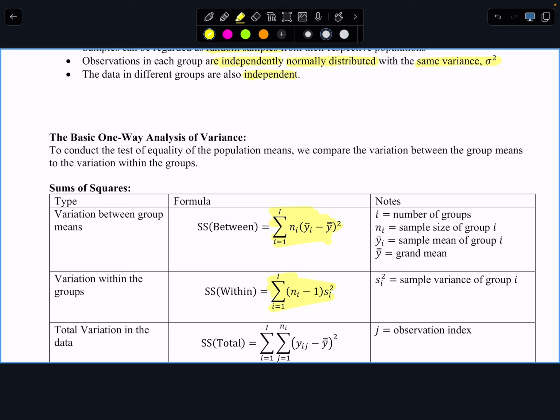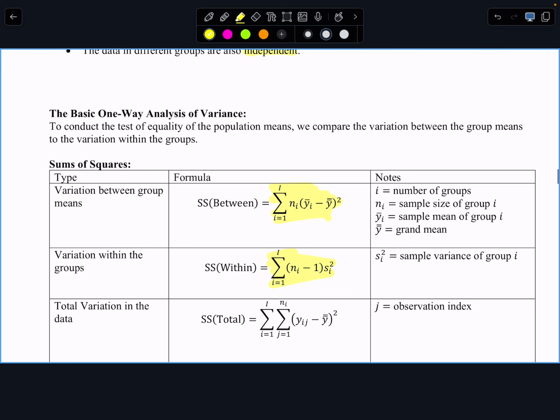Our variation within groups is given by our sum of squares within, this sum here. I go to each group, multiply the group sample size minus 1, which is the denominator of your sample variance formula, by the sample variance for that group. That gives you your within group variability, and you add it up across groups.